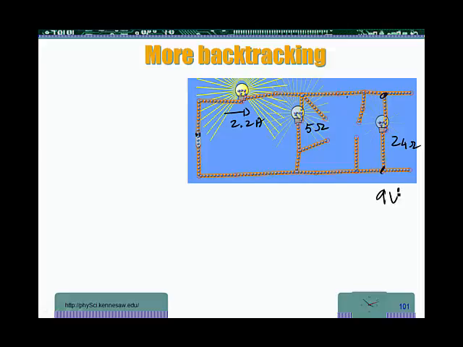That means that the current through the 5 ohm resistor here is going to be 9 volts over 5 ohms.